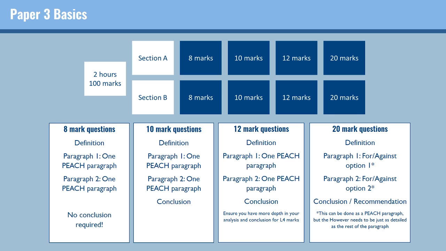But in order to get the high level 3 marks, you need to make sure that your answer has balance, which is kind of why, when I wrote the PEACH paragraph structure, the 'however' bit came in. Because even a paragraph about a benefit has to have a 'however' that considers maybe the other side of the argument as well. So a benefit might have a drawback. And that 'however', and it doesn't need to be long, it just needs to be a sentence, will provide balance to your argument. So paragraph 1, and maybe it's a factor, that could be a positive factor or a negative factor, or a big factor or a small factor, needs to have a 'however'.